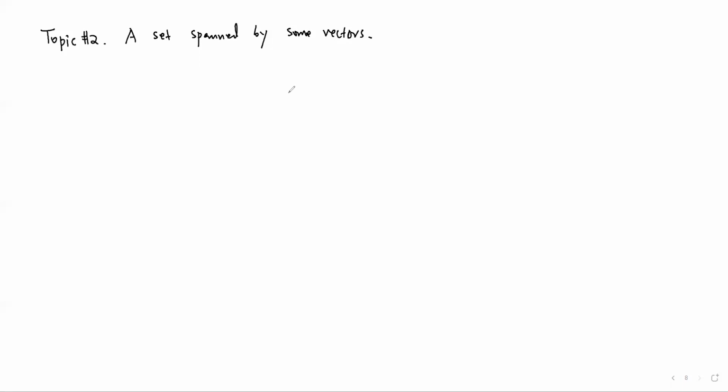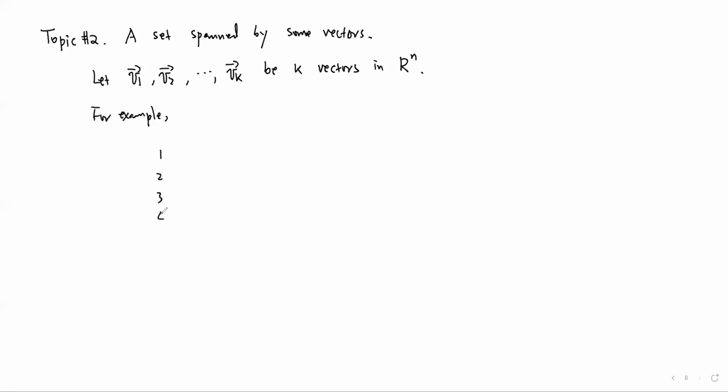Suppose we are given some vectors. Let V1, V2, ..., Vk be k vectors in Rn. For example, 1, 2, 3, 4.